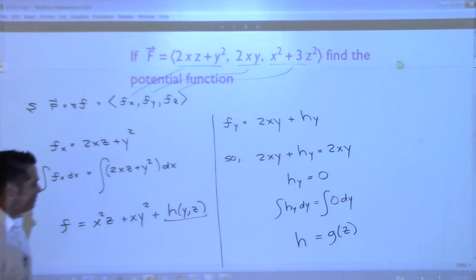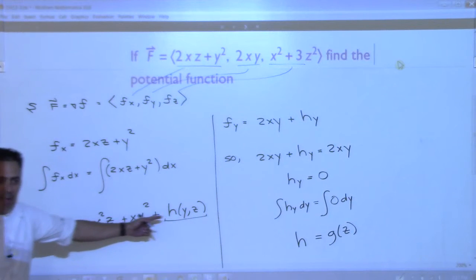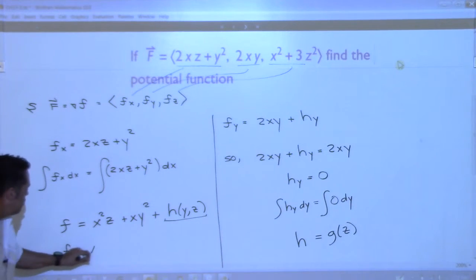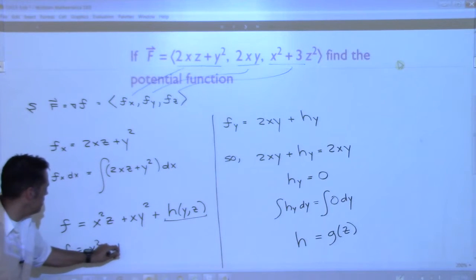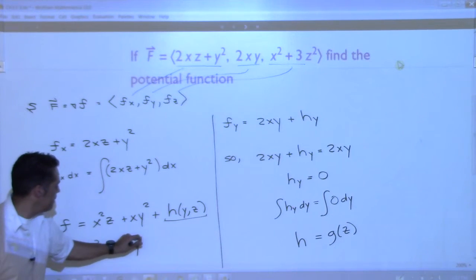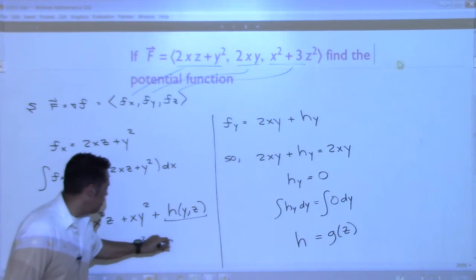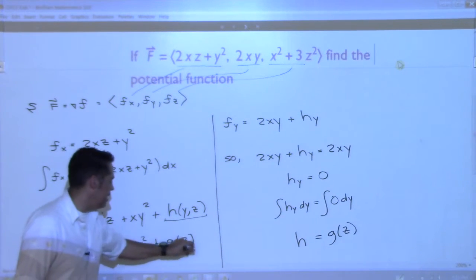Okay. Now what? Let's go back to this and let's rewrite it. Let's replace h with what we know about h. What do we know about h? There's no y in it, so it is strictly a function of z.